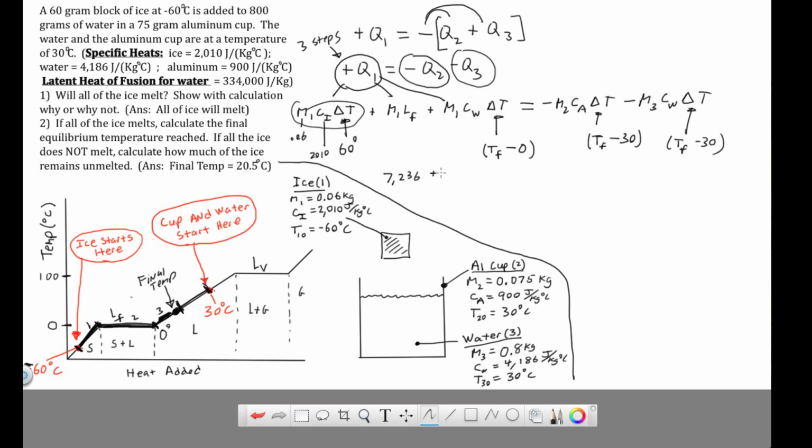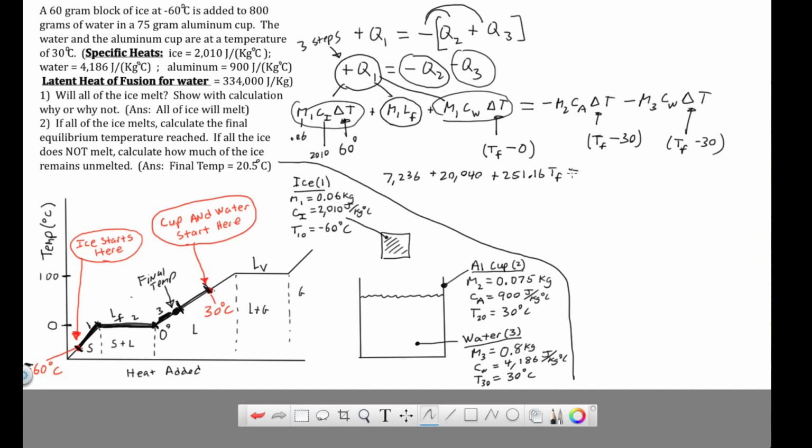Plus 20,040. That's this part right here. Plus 251.16 T final. That's this part right here. Notice the 0 just went away, because when you distribute that, multiplying by 0 just gives 0.